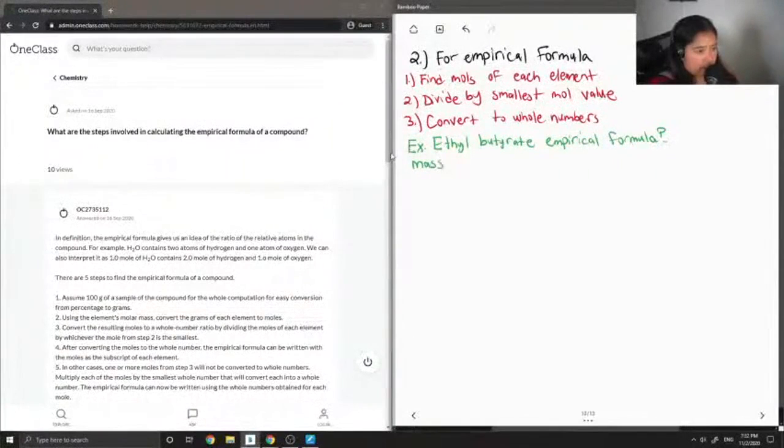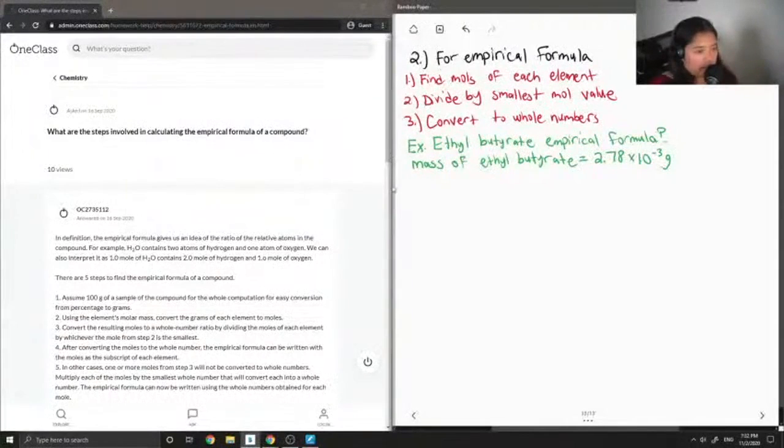For example, they'll give the mass of ethyl butyrate, let's say it is 2.78 times 10 to the negative 3 grams.